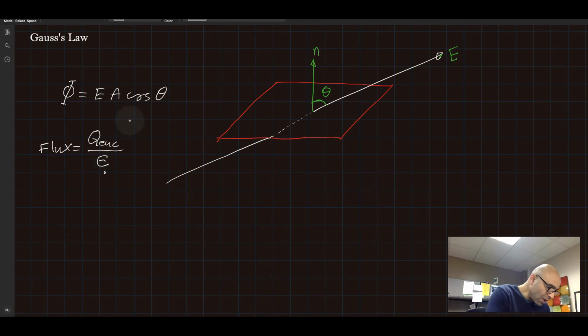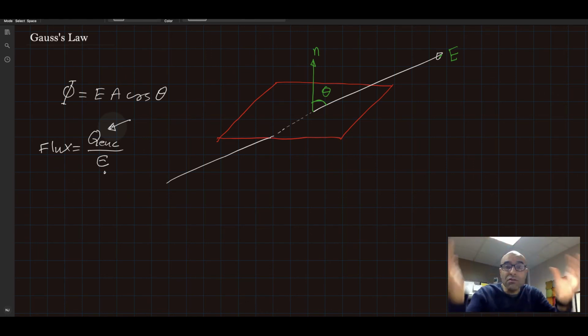Now, Q enclosed is the charge that is enclosed by a sphere, or rather not just a sphere but a surface. We call it a Gaussian surface. Whatever that is, the charge has to be covered completely by the surface. If you look at the charge, you can't see the charge from any angle, because the charge is being covered by the surface.